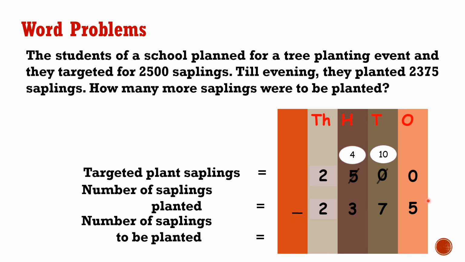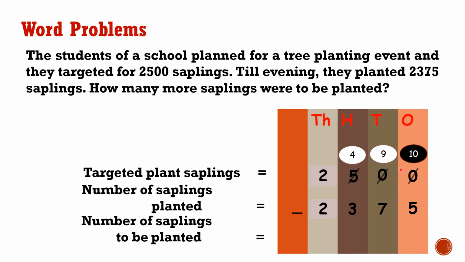Okay, now we can take 1 ten from the 10 tens. So in the ones column, 0 changes into 10. And in the tens column, the 10 tens changes into 9 tens because 1 ten we already gave to the ones column.